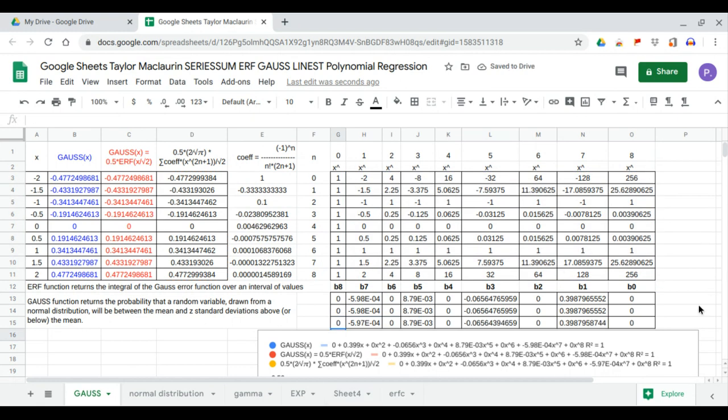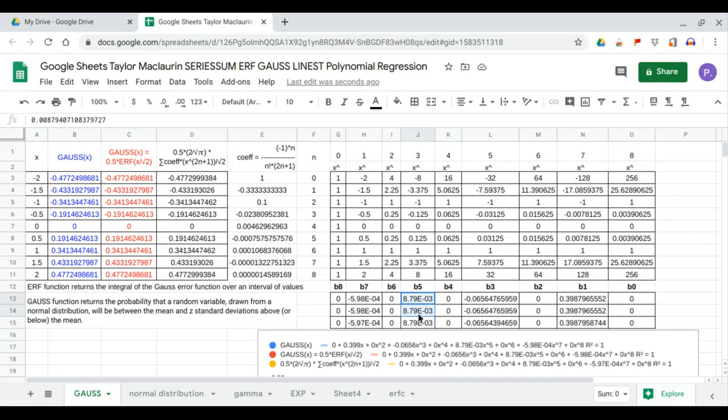You'll notice B0, they're the same. B1, 0.3987, they're the same. B2, they're all zero. And B3, negative 0.0656, they're the same. B4, they're all zero.